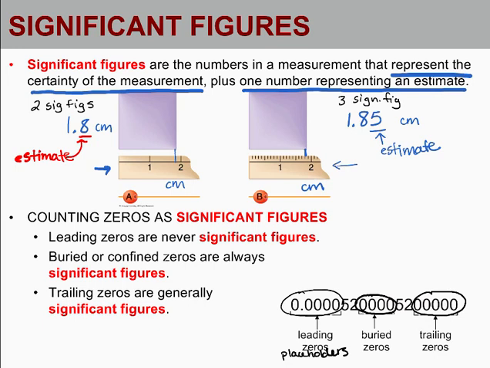So I'm going to put above the leading zeros that these are not significant. And then buried zeros are significant. And then trailing zeros, it depends.